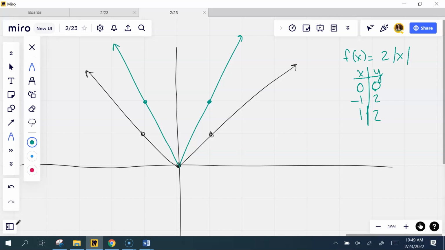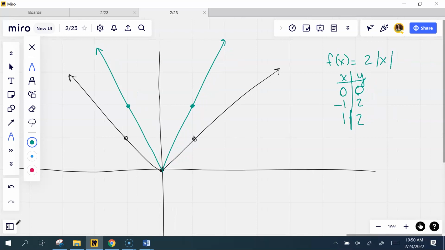What does it look like happened to my graph? It got skinnier. It looks almost like if you took that x-axis and pushed it in, or if they were rubber bands and you took that y-axis and stretched it out, right?